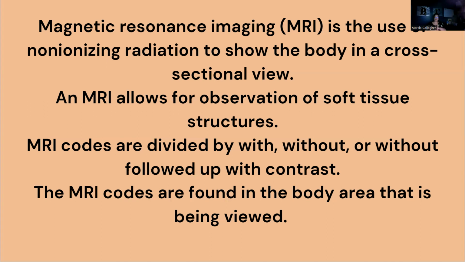Now, if the CPT code only says with or without, it doesn't matter, because that CPT code covers everything, with or without contrast materials. The MRI codes are found under the body area that is being viewed. So if you're doing your chest, it's going to be chest. Remember we talked about the big toe? It's going to be in that body area, which would be lower extremities for the big toe.